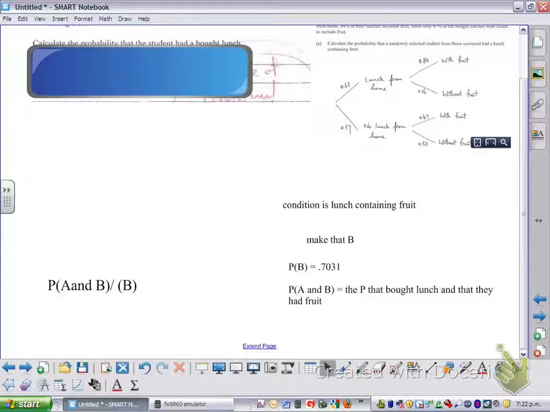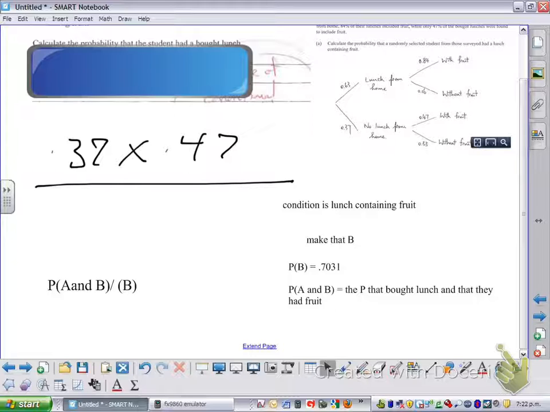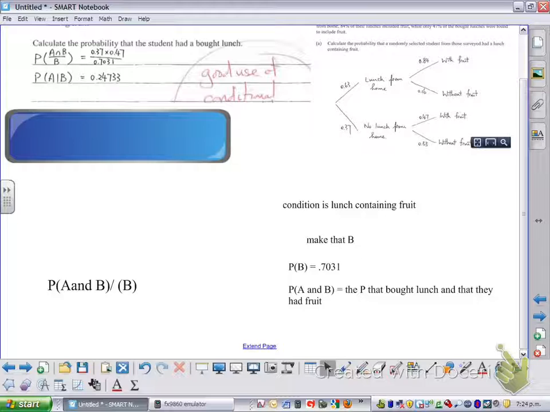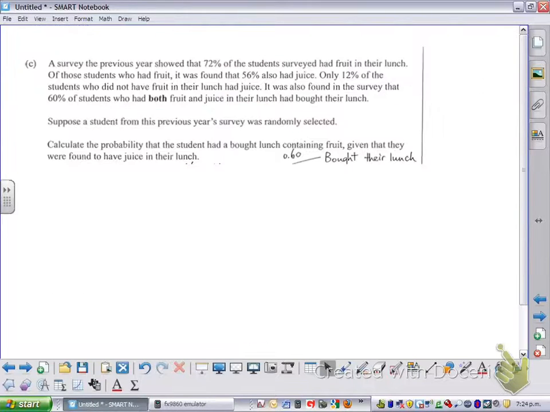So the probability of A and B, that they have bought a lunch, 0.37, and that they have fruit in them is 0.47. And then that's the probability of A and B divided by the probability of B, which is the probability that they have fruit in the lunch, which we've calculated from the previous question. And that's that. So if you want to check your work to see if you've got it right, here is the answer here from the calculations.